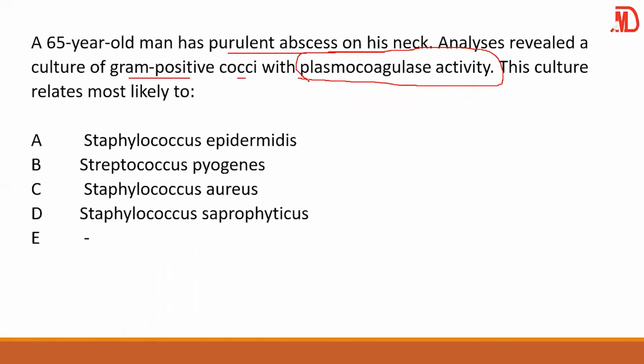It has a positive plasmocoagulase activity, and it forms grape-like clusters. So all of these help us to know that this is referring to Staphylococcus aureus. Your answer is E.